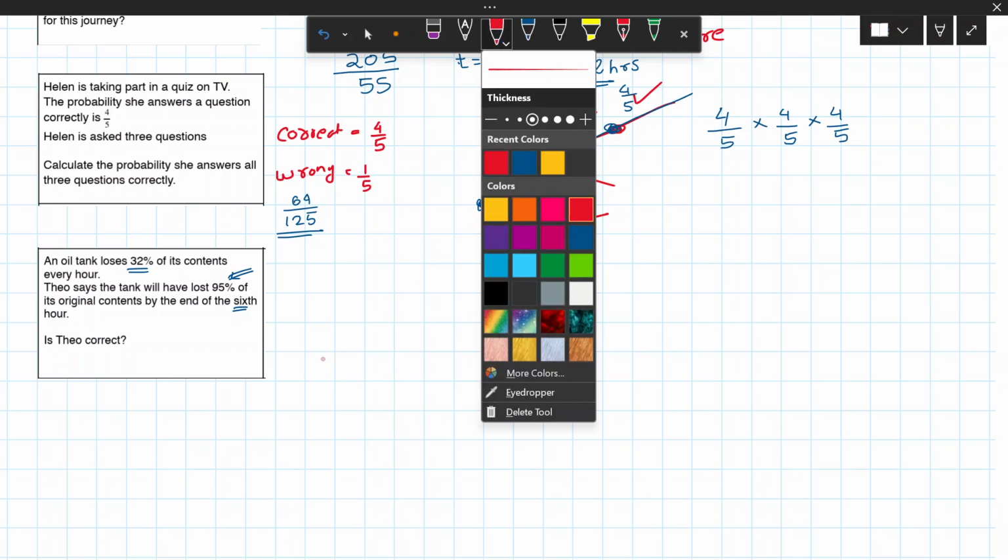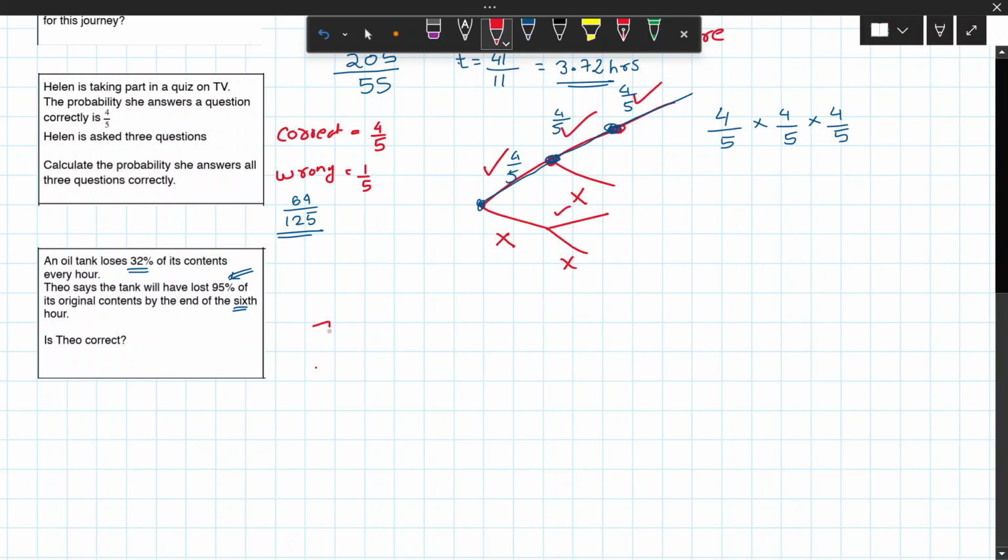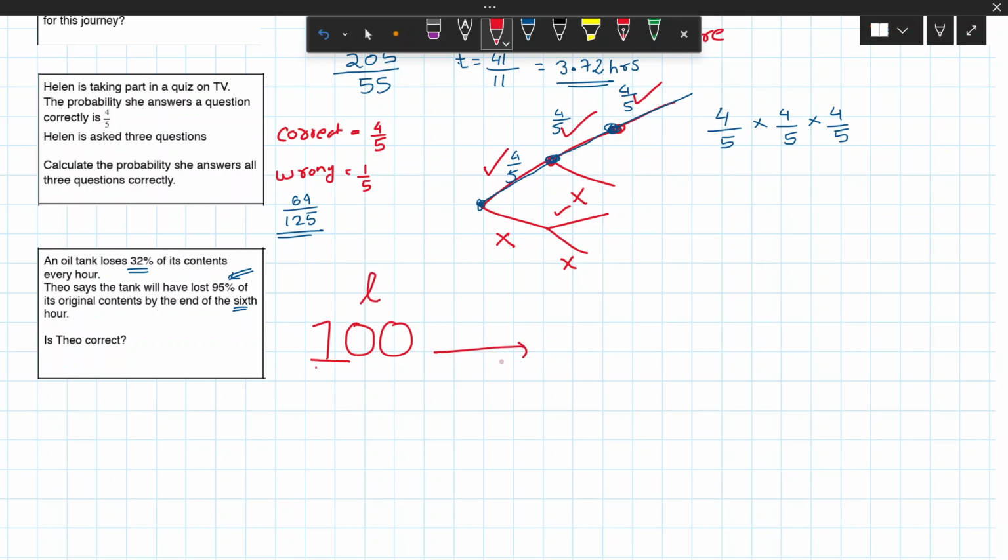So let's see. If I start with, let's say, 100, so I'm going to assume I start with 100 liters at the beginning. So we say after 1 hour, we would have lost 32%.